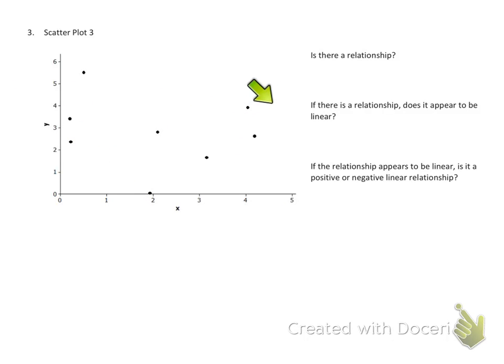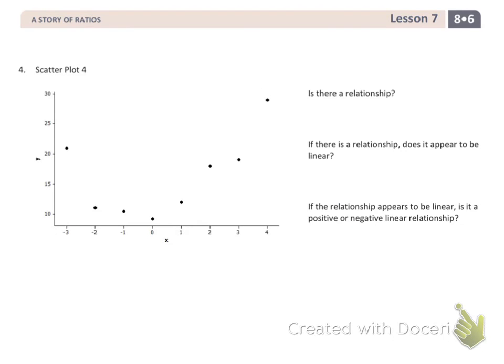They're just scattered all over the place. So does there appear to be a relationship? No. That means both of these other questions are not applicable because there isn't a relationship. I can't say if it's a line or anything like that. So scatter plot 3 does not appear to have a relationship.